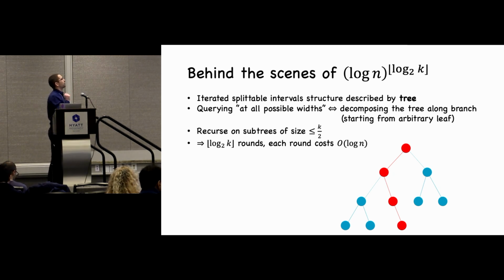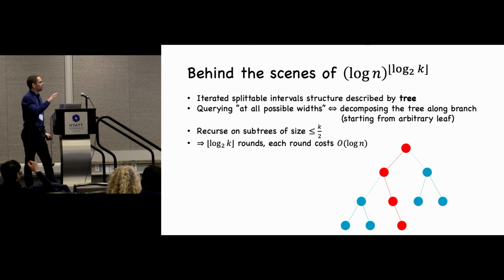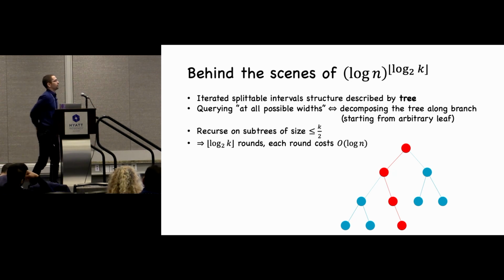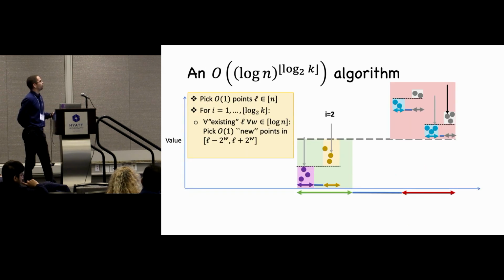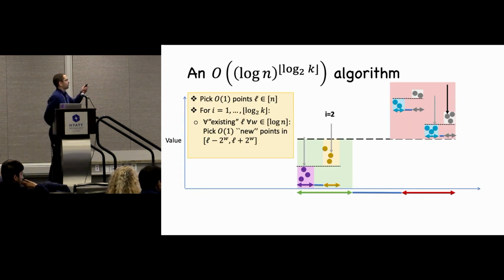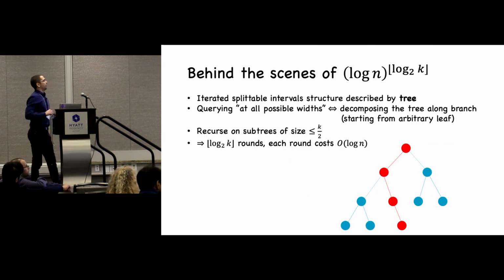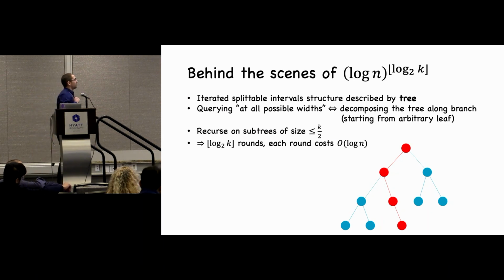So what's going on is that if you choose the right branch, which for our case is a branch that decomposes the tree into subtrees of size at most k over 2, then with constant probability, the basic operation of starting with querying some element and then elements at all possible widths around it will query elements along this whole branch.